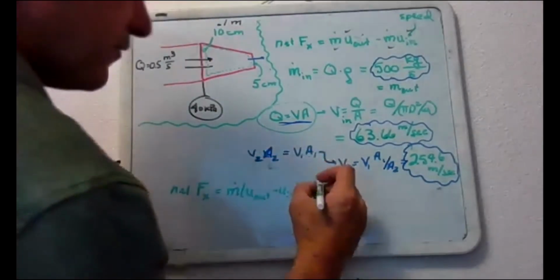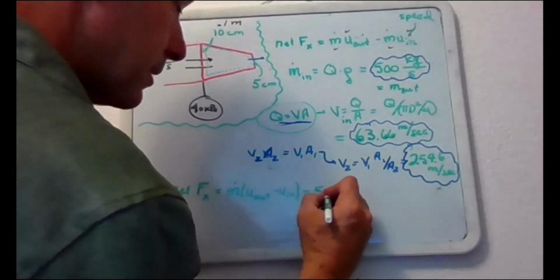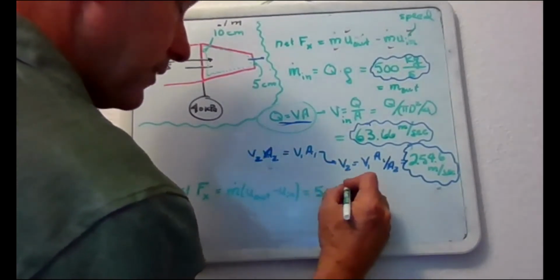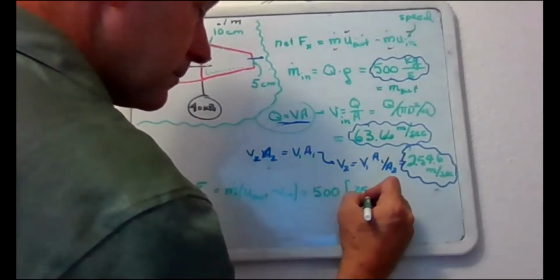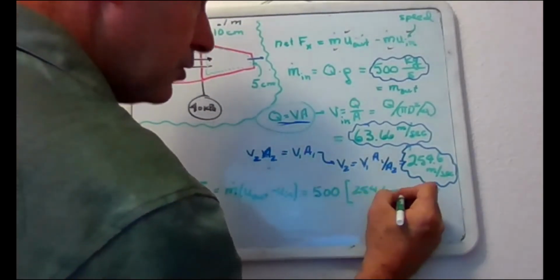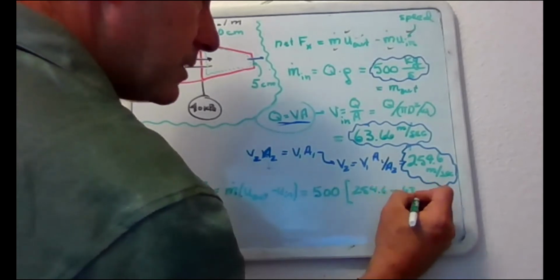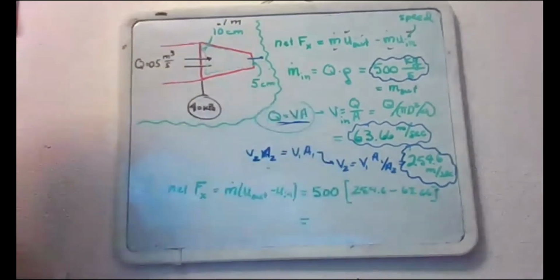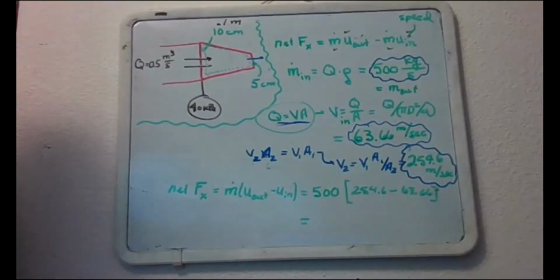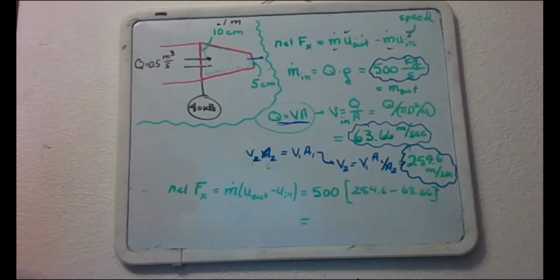M dot we got was 500 kilograms per second. I'm going to be a little bit lazy about the units. U out was 254.6. U in was 63.66. Okay. And now I can just do my math, round reasonably, and think about units and direction.